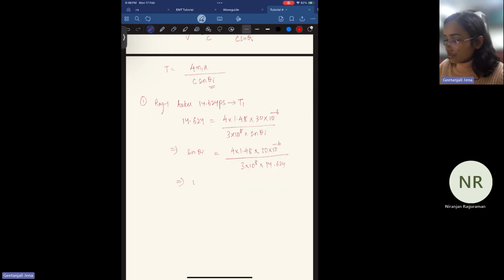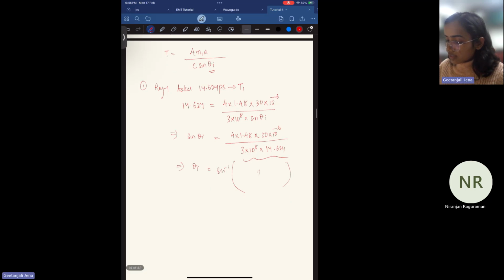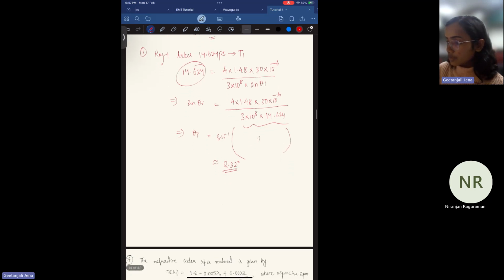So if you calculate it, this will be sine inverse of this term, and this will give around 2.32. So that means the ray that takes this much time, 14 picosecond, is making an angle of 2.32 degree with the fiber axis.